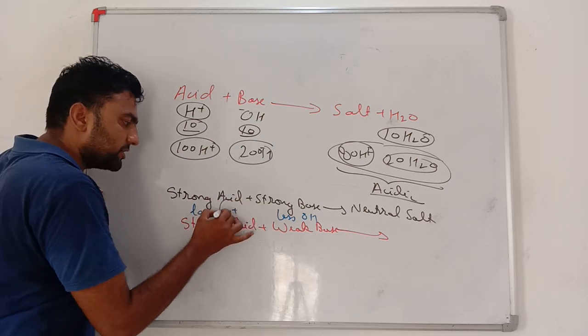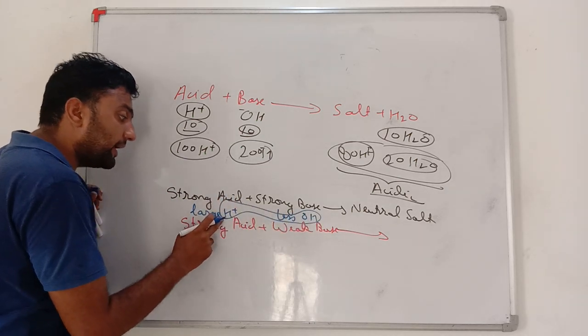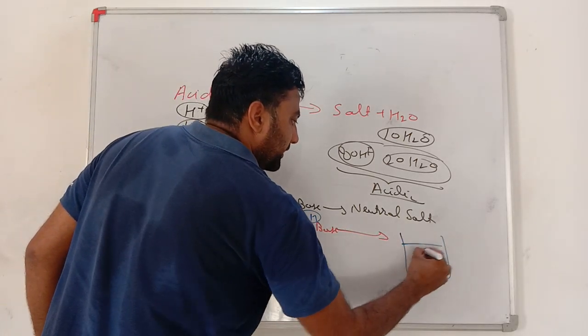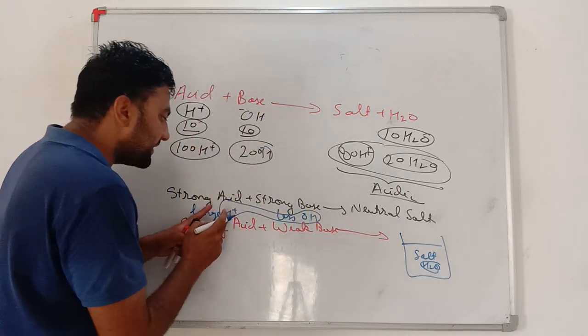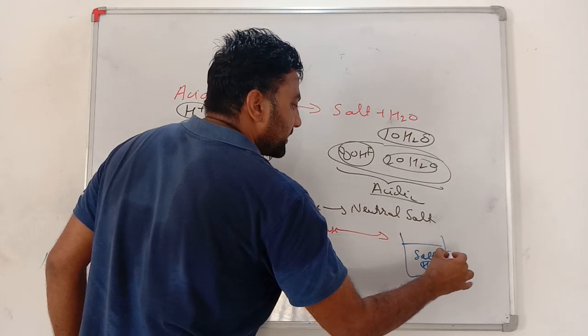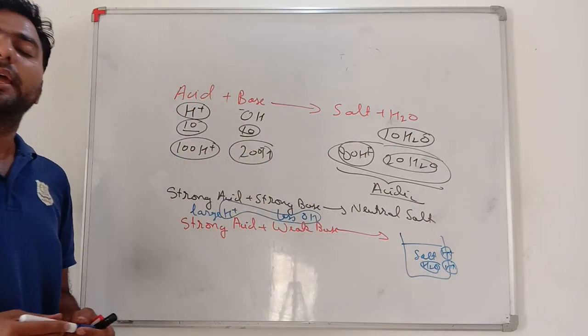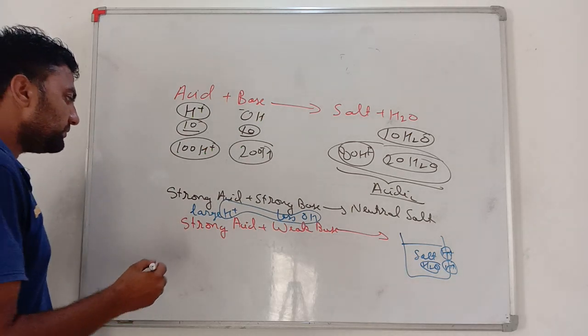So these H plus will combine with OH minus and we will get water, but still, as the H plus ions are very large, the salt we will get, no issue, salt we will get, water we will get, but there will still be a few free H plus ions in the solution, and we will get an acidic salt.